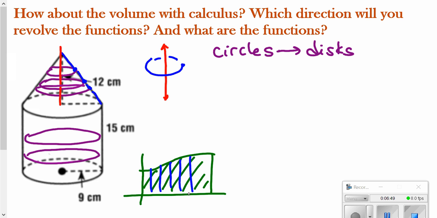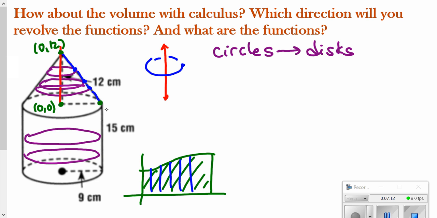So in order to do calculus here, we are going to have to put this on a coordinate plane. That's sort of the issue. We could do this in any number of ways, but let's just say that this is the origin, okay? And then this point up here is 12 units higher along that red line, so that would be (0, 12).